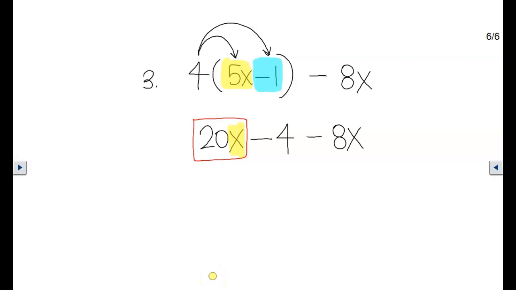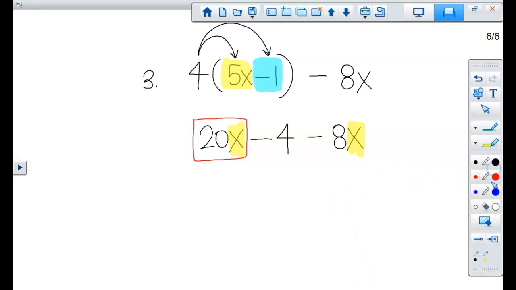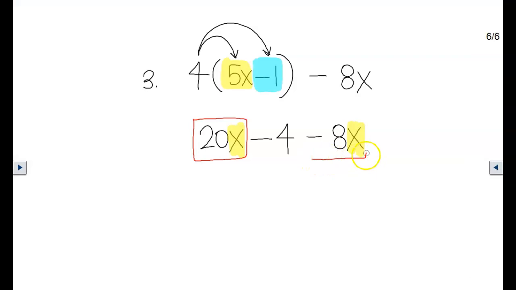No exponents, no other variables. Just x. So look at the other two terms. Does anybody have that same variable part? And the answer is yes. Right there is another term that has just x as the last name. So I'm going to take my red pen and put him in a box as well so that I can see that these two are like terms and I can combine those.